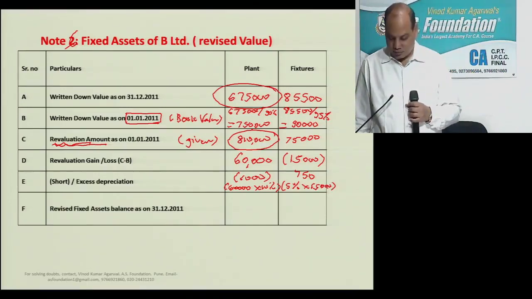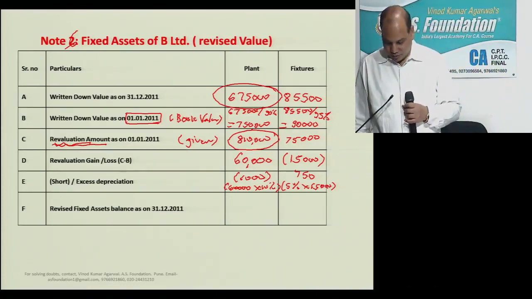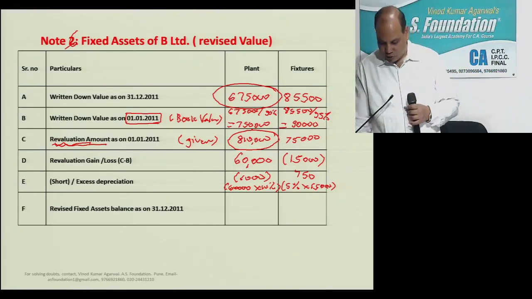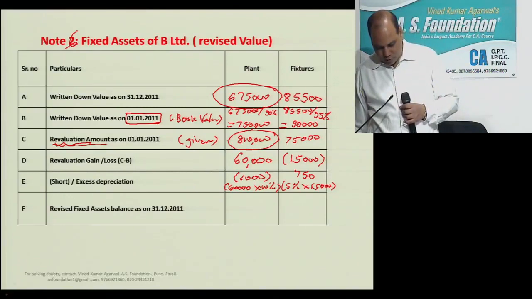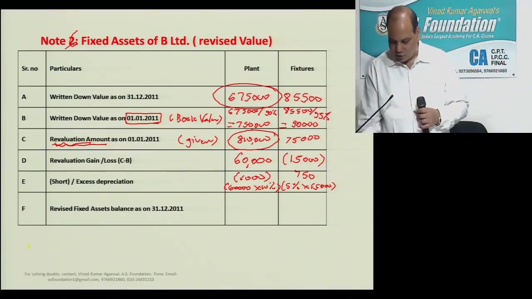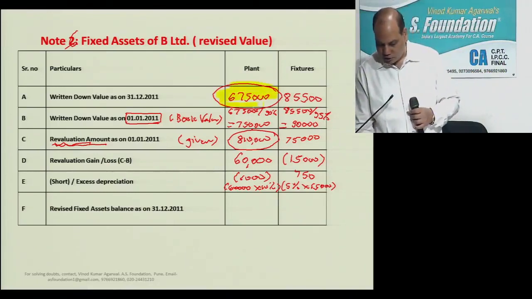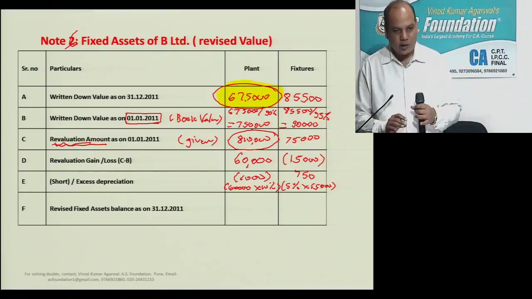So what is the revised fixed asset balance on 31/12/11? Anybody who can tell me what will be the closing balance of fixed asset for balance sheet purpose? So first you take this number on your calculator. This is your book value right now, ledger balance.